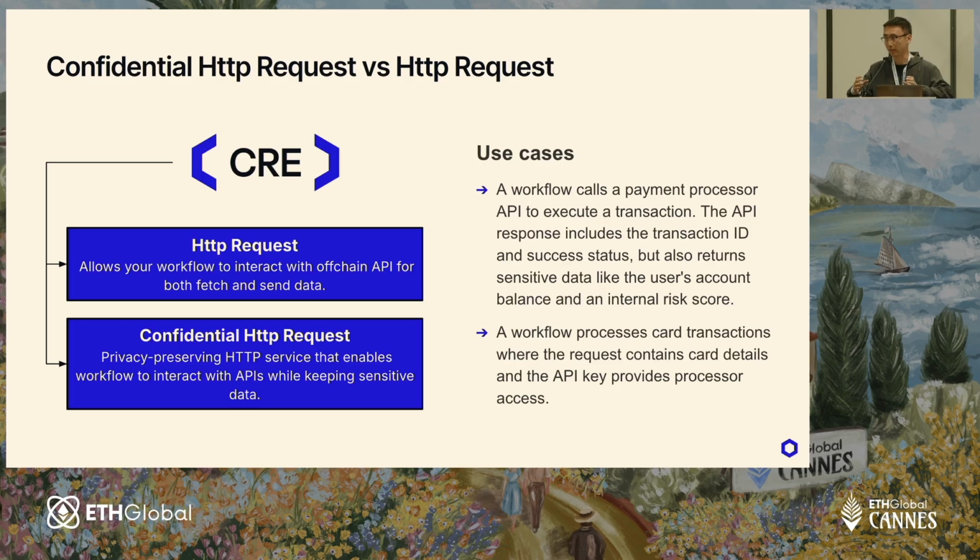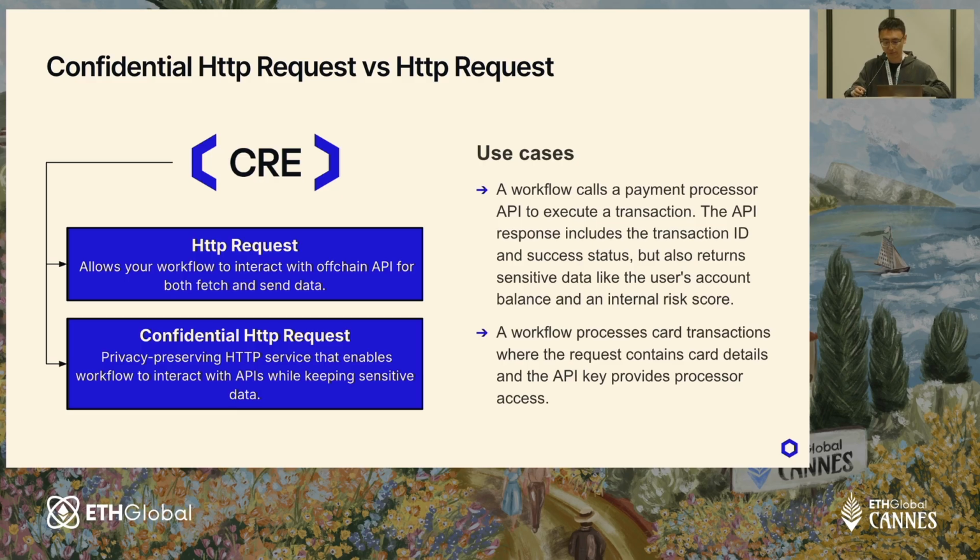Since that is decentralized, the different oracles under this network will be operated by different entities. So if you have some sensitive data, maybe your LLM key or some other secret, and you want to hide this secret from all the nodes in the decentralized oracle network, you can use this privacy feature.